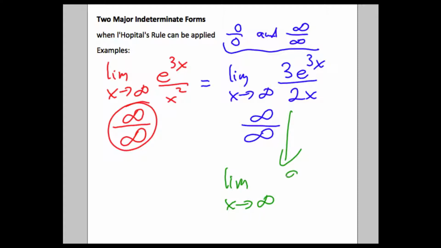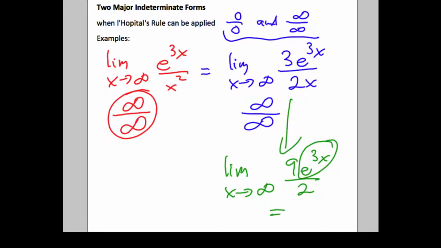So I'm going to have 9e to the 3x over 2. And as x goes to infinity, e to the infinity is infinity times 9 is infinity, over a fixed number, that goes to infinity. And so that is my answer. On the topic of the indeterminate form infinity over infinity, if you have a negative in front of either one of the infinities, that's still considered to be an indeterminate form.